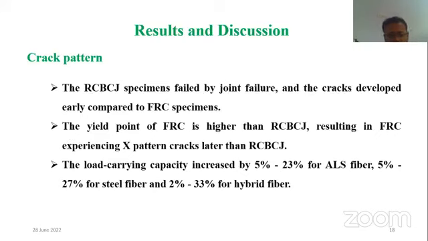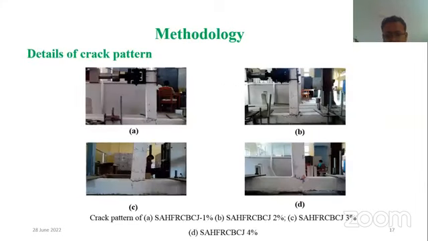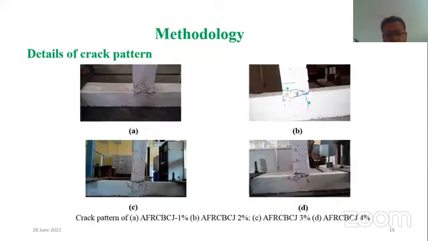Next, the yield point of the FRC is much higher compared to the reinforced concrete beam column joint, resulting in fiber reinforced concrete experiencing X pattern cracks later than the reinforced concrete beam column joint that is not incorporated with fiber. We can see the X pattern cracks are easily visible in the specimen.